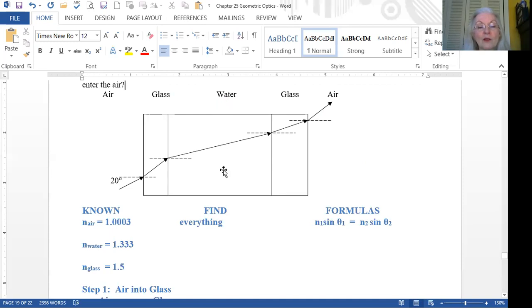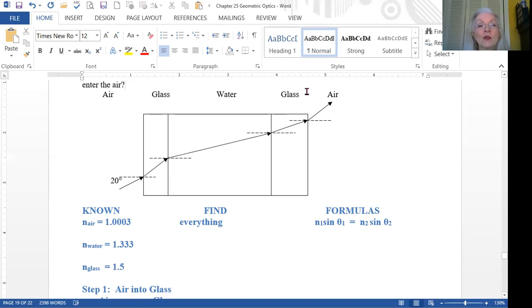If we folded this diagram right down the middle, the sides would match up. Because all of the interfaces are parallel to each other, and because of the symmetry of materials, the entrance angle and the exit angle are the same thing. So we could have said by symmetry, if we enter at 20 degrees, we're going to exit at 20 degrees.